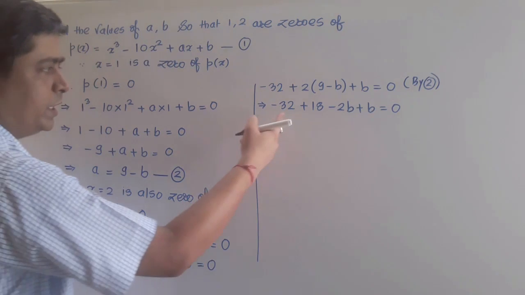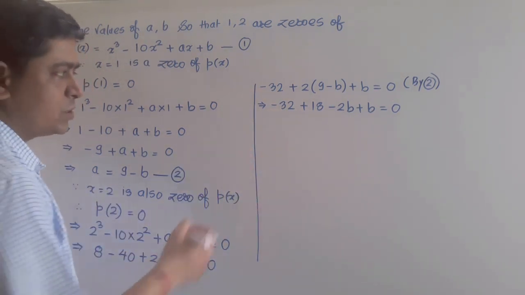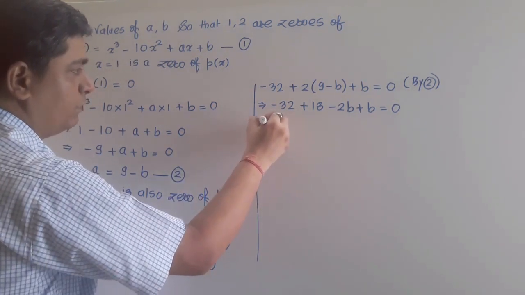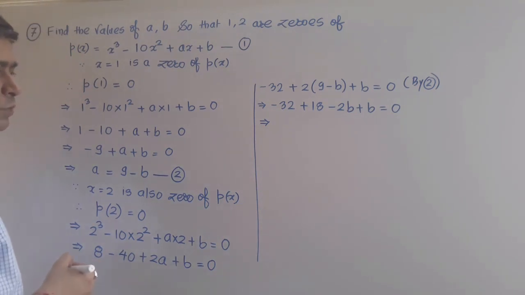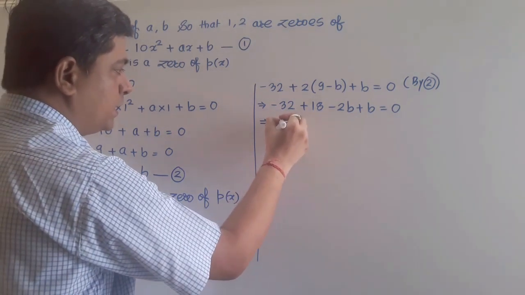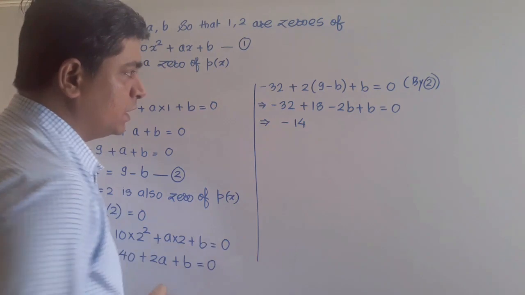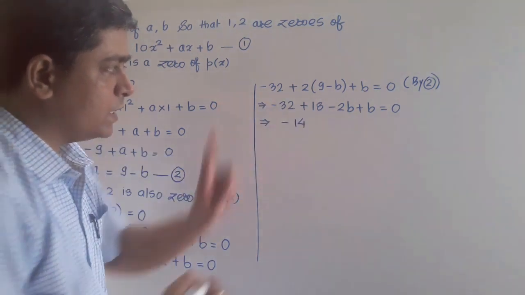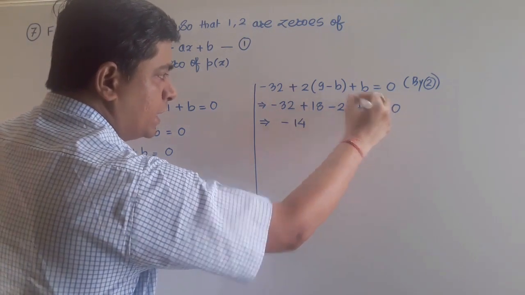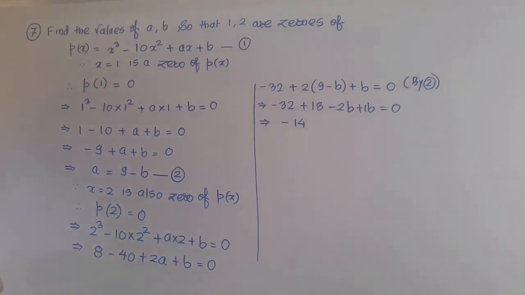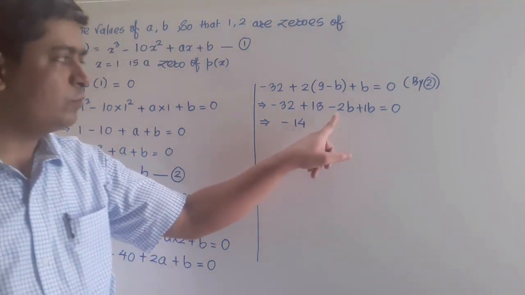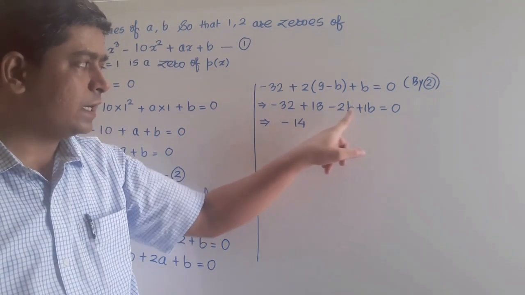Now 32 and 18 again we can subtract. So from 32 if I subtract 18, how much would it be? 14, and the sign of the bigger term, so this will be minus 14. Similarly 2b and b, here the coefficient of b we can assume 1. So observe the coefficients are minus 2 and plus 1. Signs are again different.